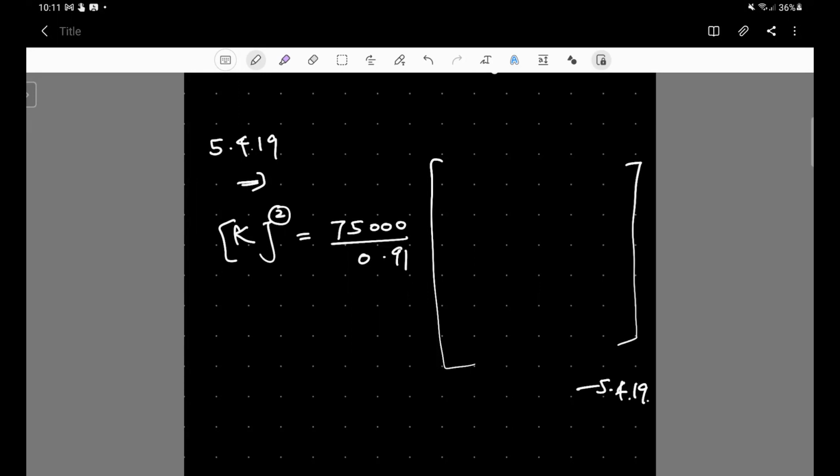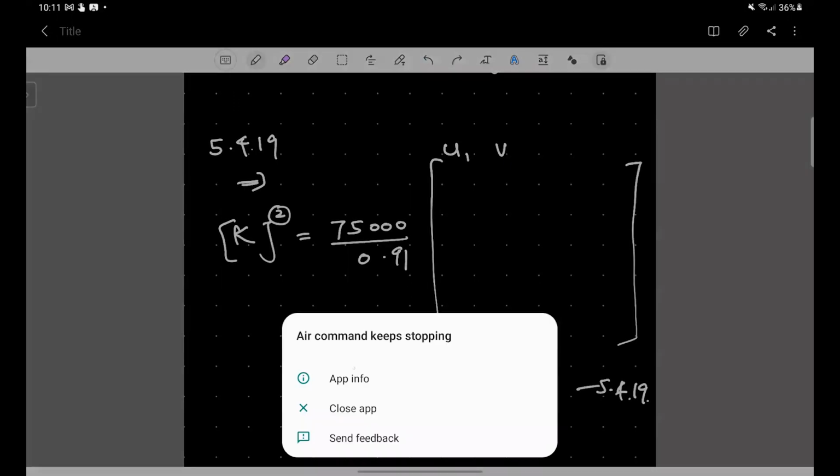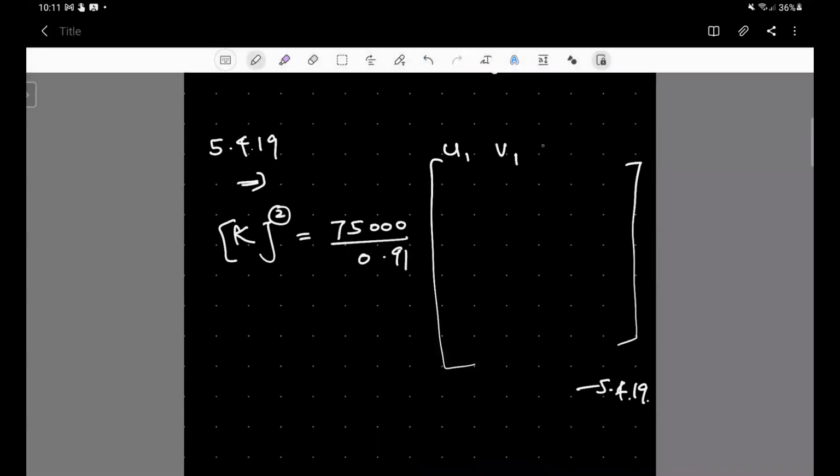So element number 2 corresponds to node number 1, node number 4, and node number 3.